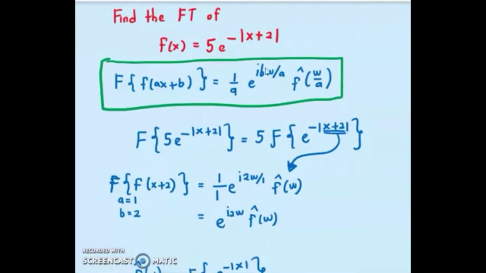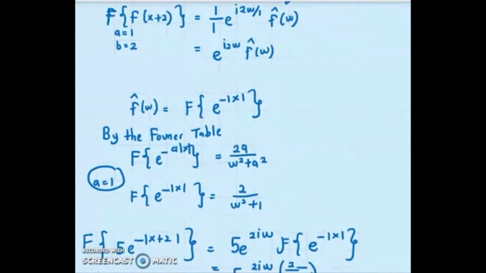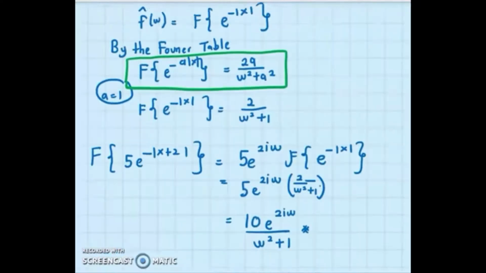All you need to do is transform this first, make it as the original as in the table. To transform this, you need to use the Fourier transform of f of ax plus b equals 1 over a, and so on. And then whatever is left can be found from the table. Okay, and then you put it back into the equation.